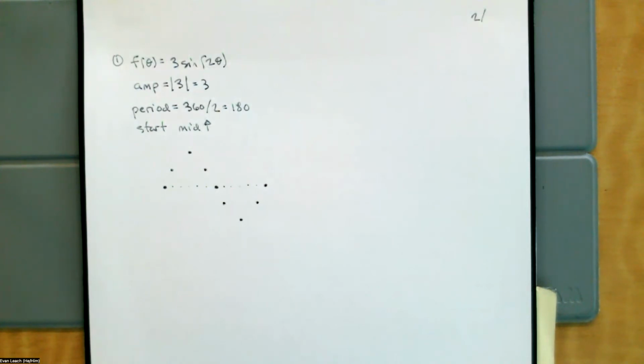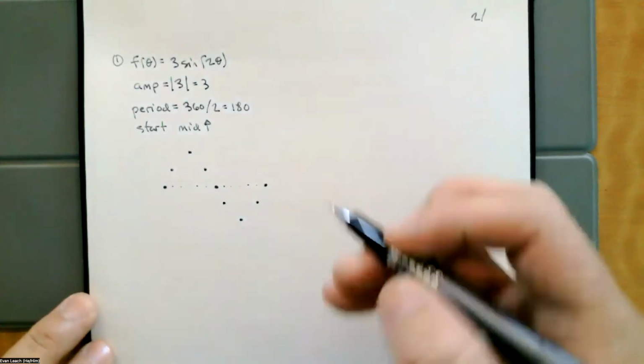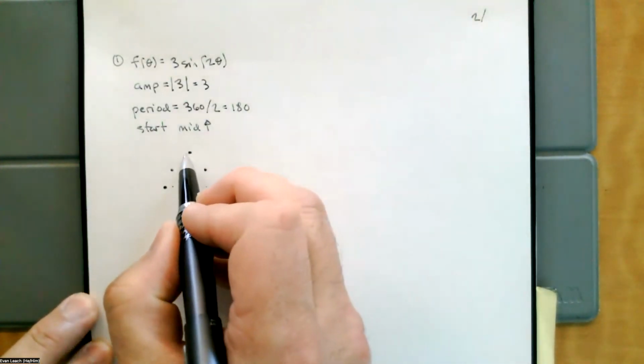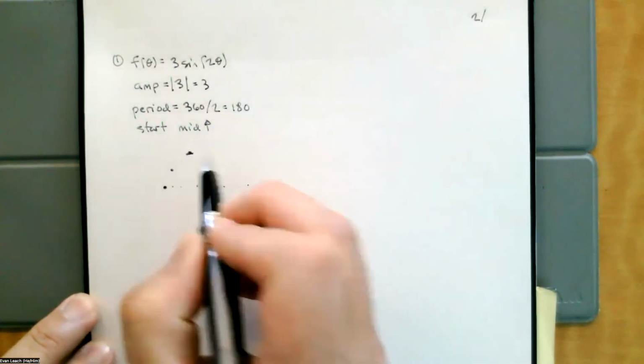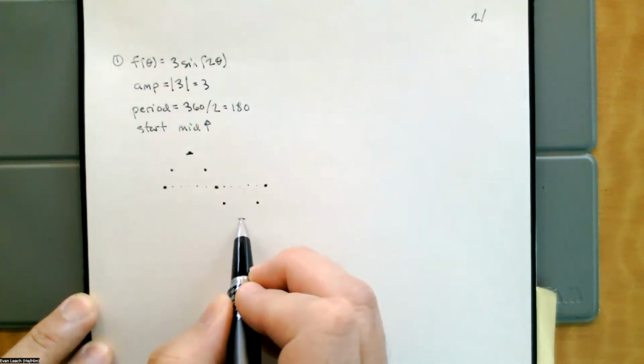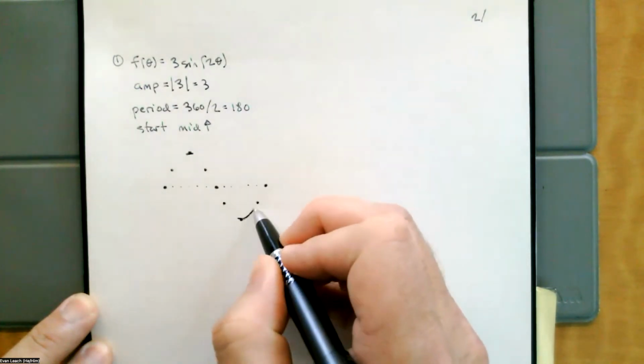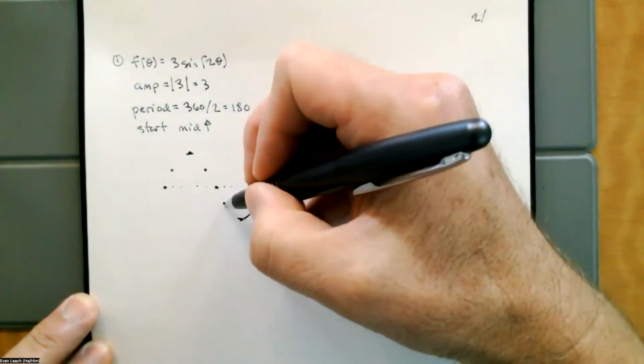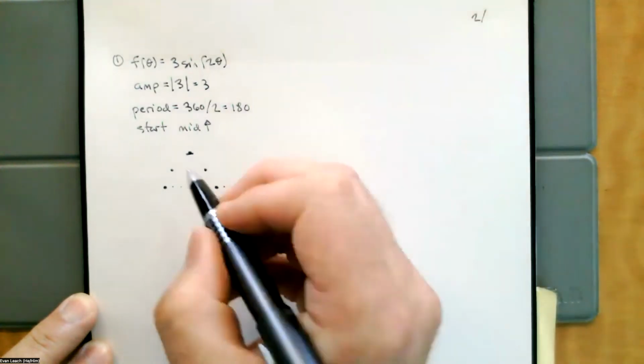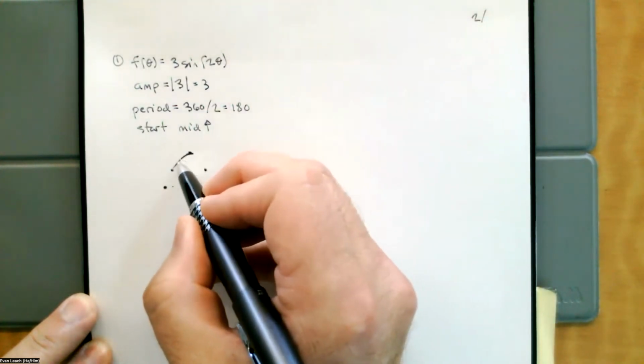Now all we have to do is make sure that when we hit our peaks and valleys, we're nice and flat at the top. Just kind of draw a little flat and then draw on your valleys and your peaks.